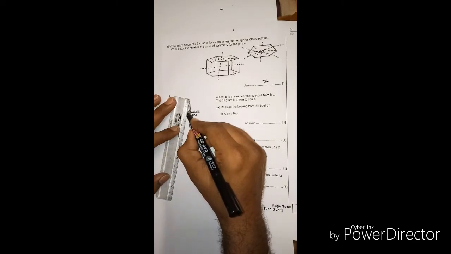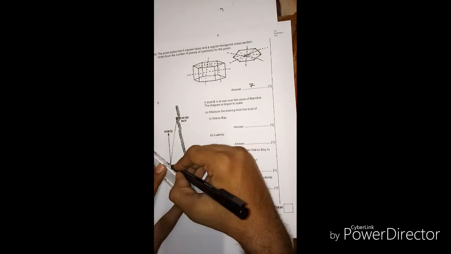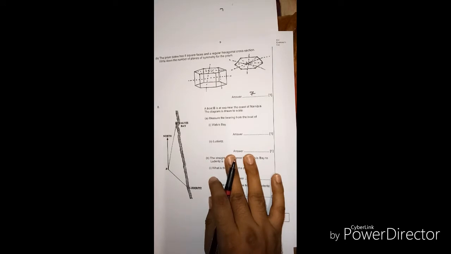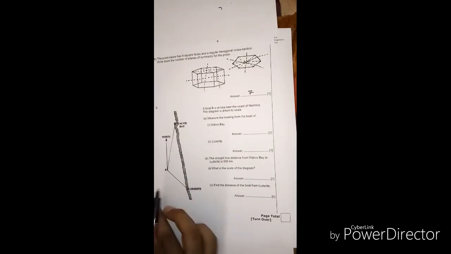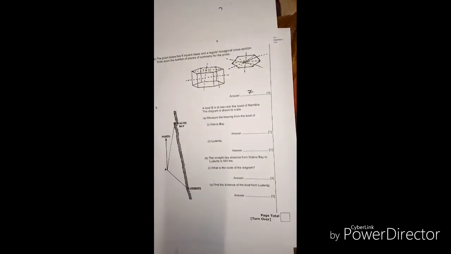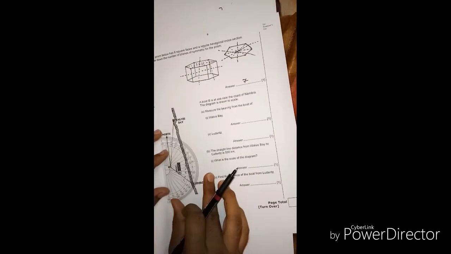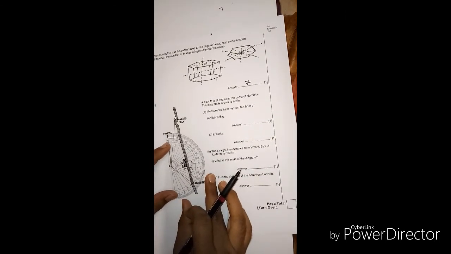I will join this, and I will also join B with Luderitz. So this is the north line. When I calculate the bearing from the boat to Walvis Bay, I will keep the protractor at the point and see what angle I get.